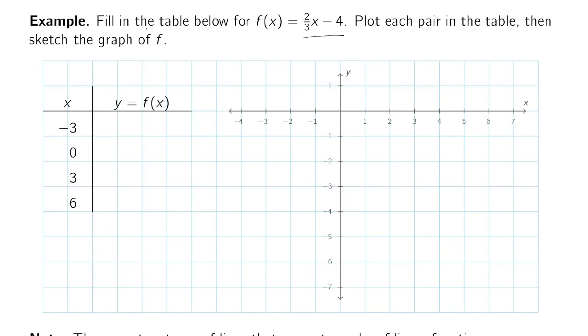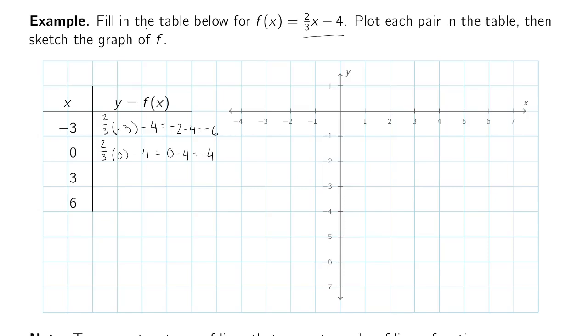So when x is -3, f of x is 2/3 times -3 minus 4. So that's -2 minus 4 is -6. When x is 0, f of x is 2/3 times 0 minus 4. So that's 0 minus 4 is -4.